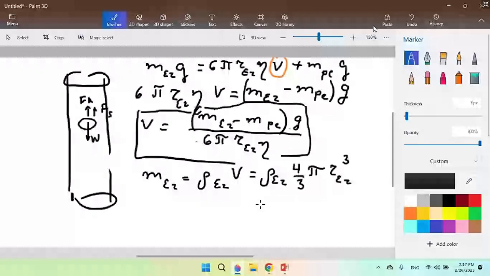This is the volume. Okay, so thus let me substitute in the equation. So thus we've got 4/3.